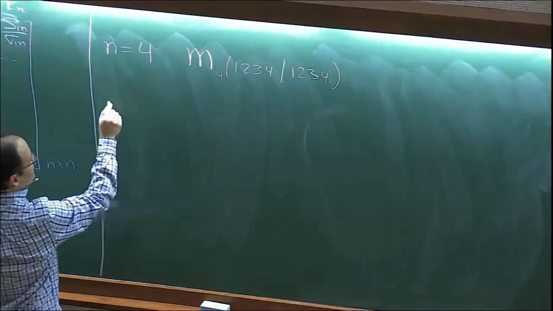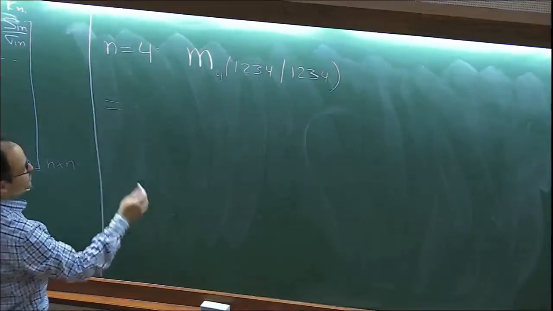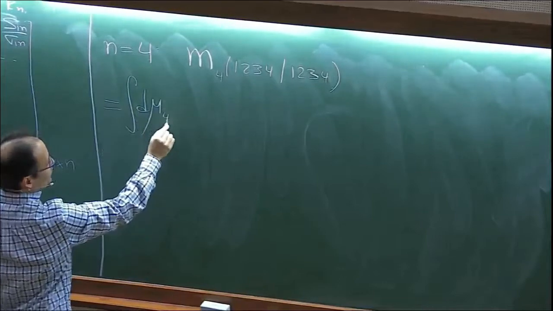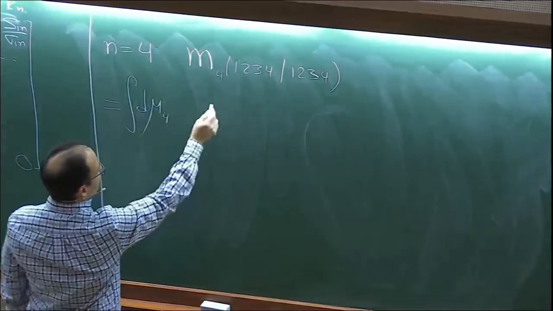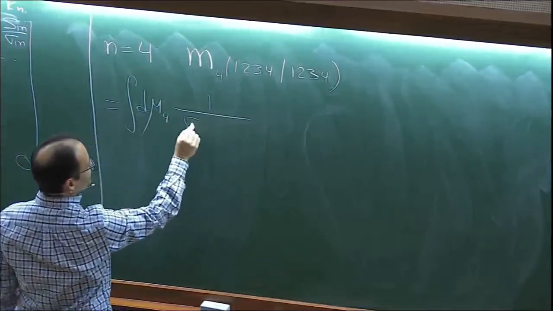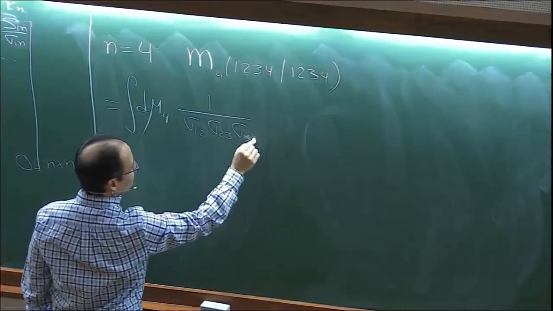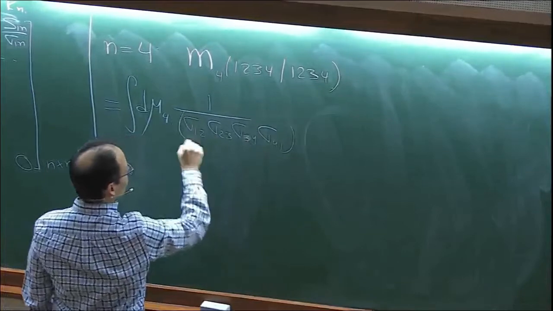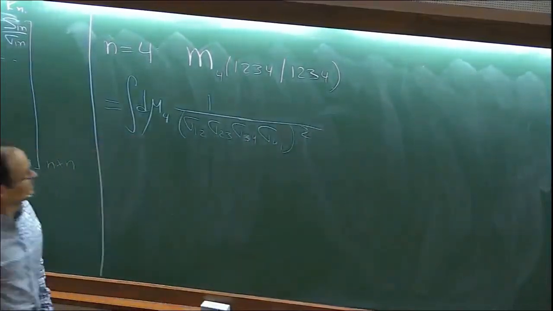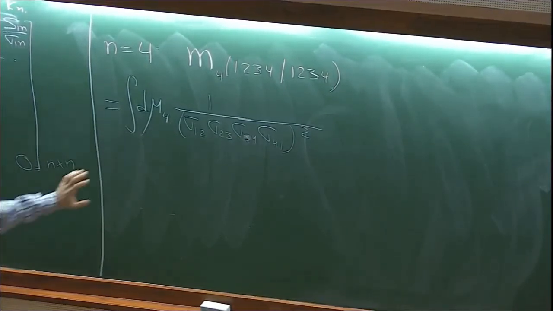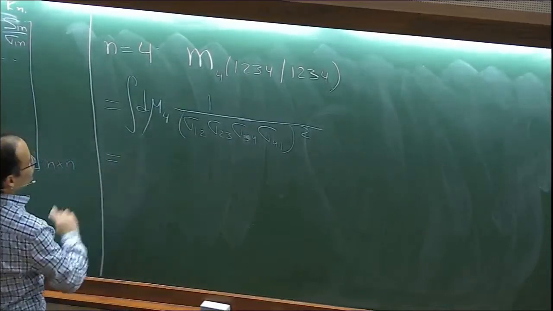And the claim is that this object is nothing but the integral over the measure that we defined yesterday with this integrand. But now that we have all the elements to actually carry out the calculation, we should do it and see if the statement that I made yesterday actually holds.